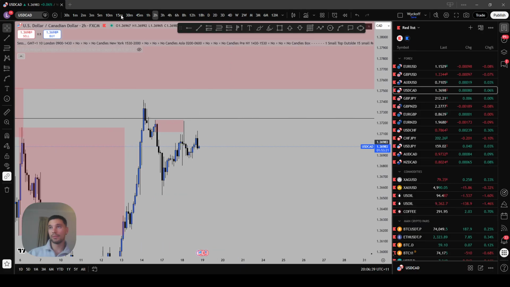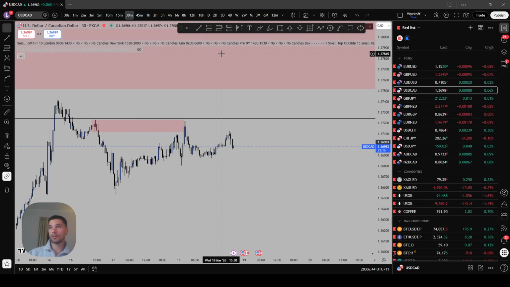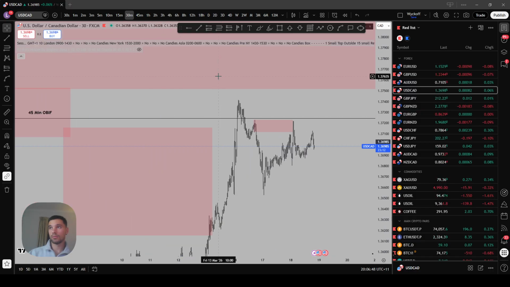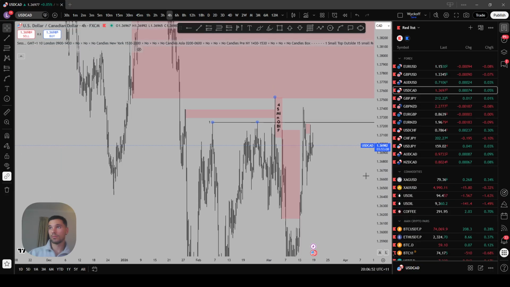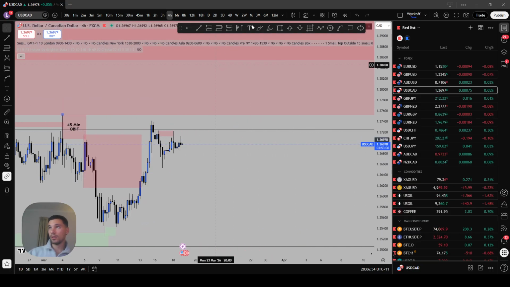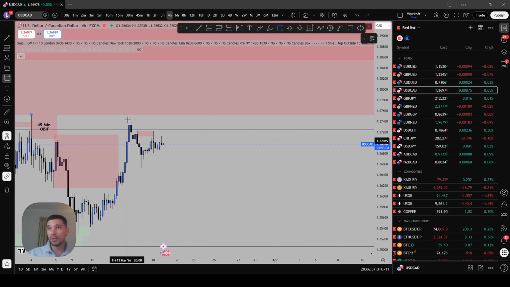Demand wise, not much there. As of now, you can use this as a potential ranging environment just to see what happens.